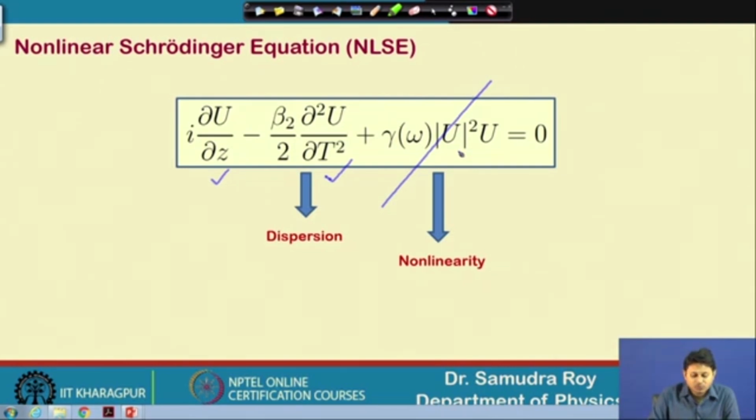So, if you tally these two equations side by side, you will find that the first order derivative and second order derivative are both there in the nonlinear Schrodinger equation in optics, same as in quantum mechanics, and another term is here, which is basically a nonlinear term, nothing but the nonlinear potential term in terms of quantum mechanics.